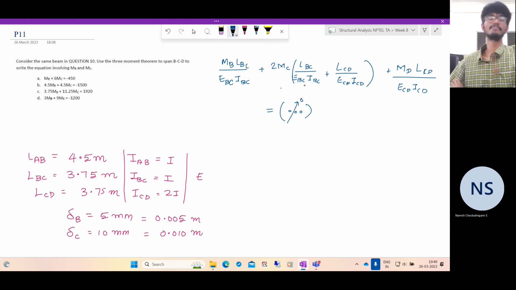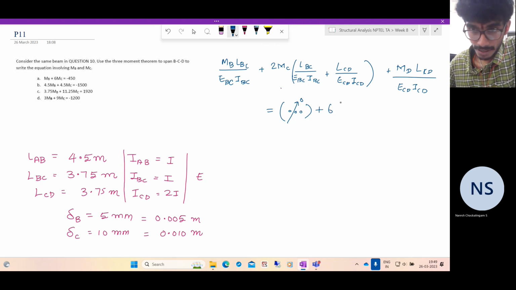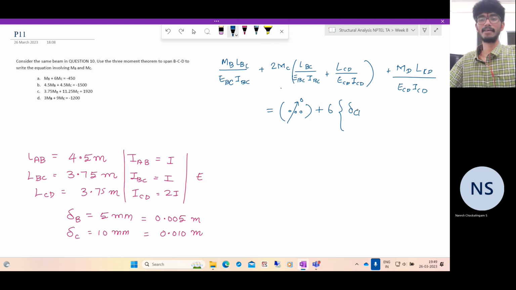There is a term coming from the span loading. Since there's no load, it is 0 plus 6 into delta CB, right? So like delta C minus delta B by LBC plus delta C minus delta D by LCD.